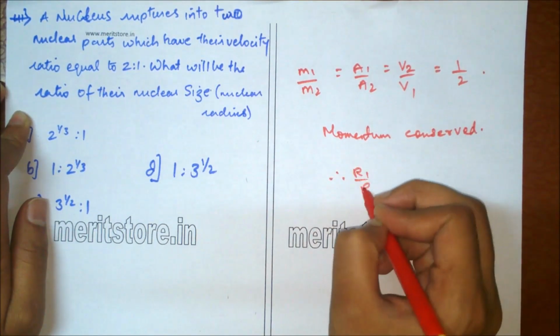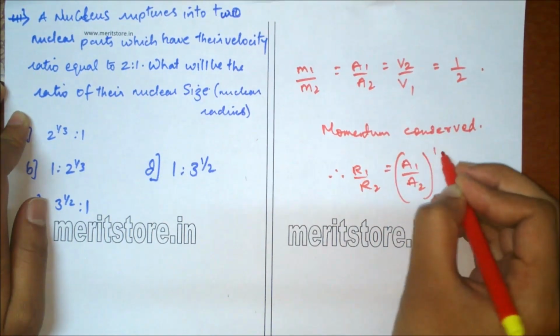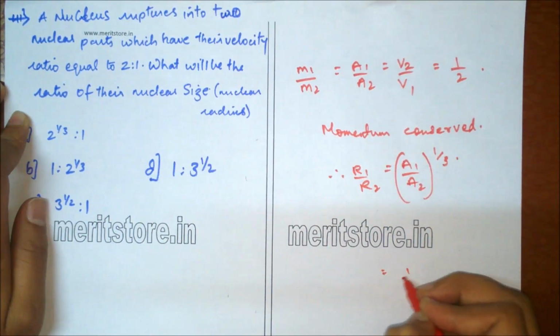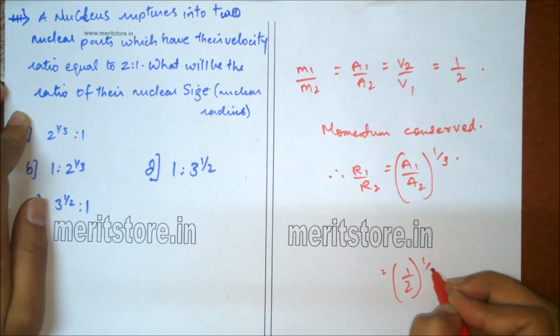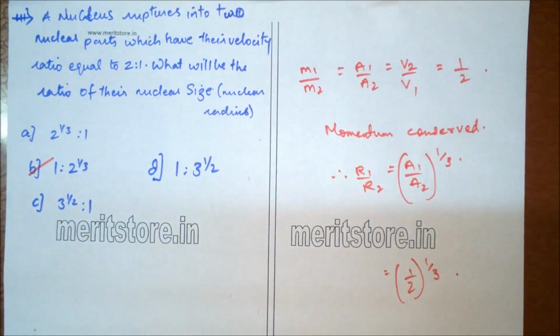Therefore, R1 upon R2 is equal to A1 upon A2 raised to 1 by 3. So, half raised to 1 by 3 is the correct answer. So, option B is the correct answer.